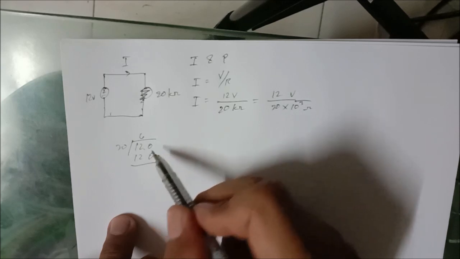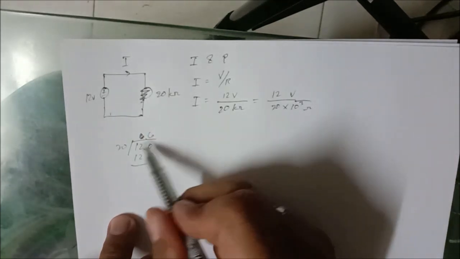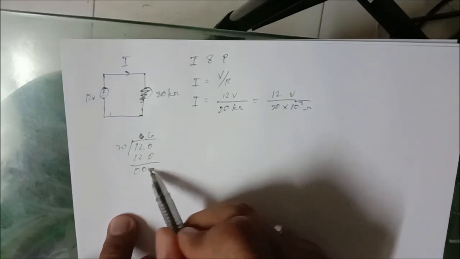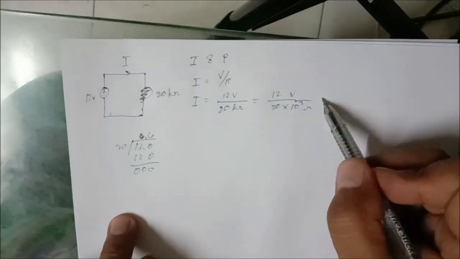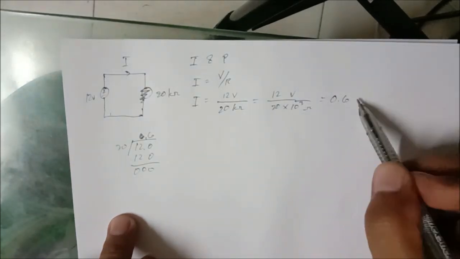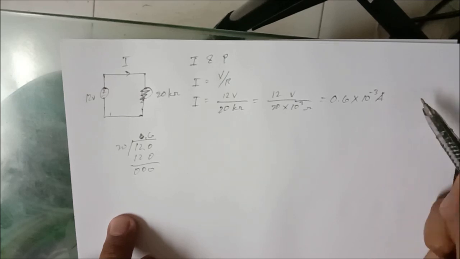So, ito pala, sorry. 6,000 na yan. So, 0.6. So, this is equivalent to 0.6 times 10 raised to negative 3 amperes.